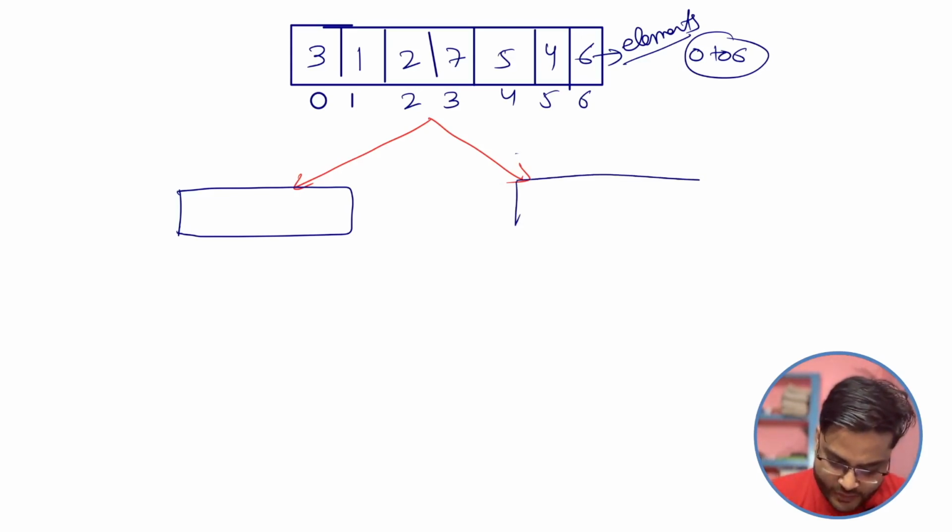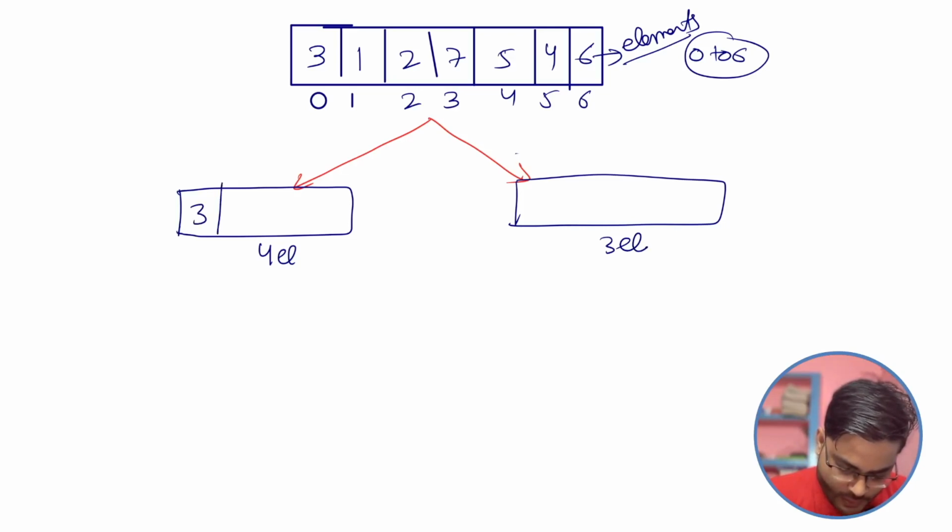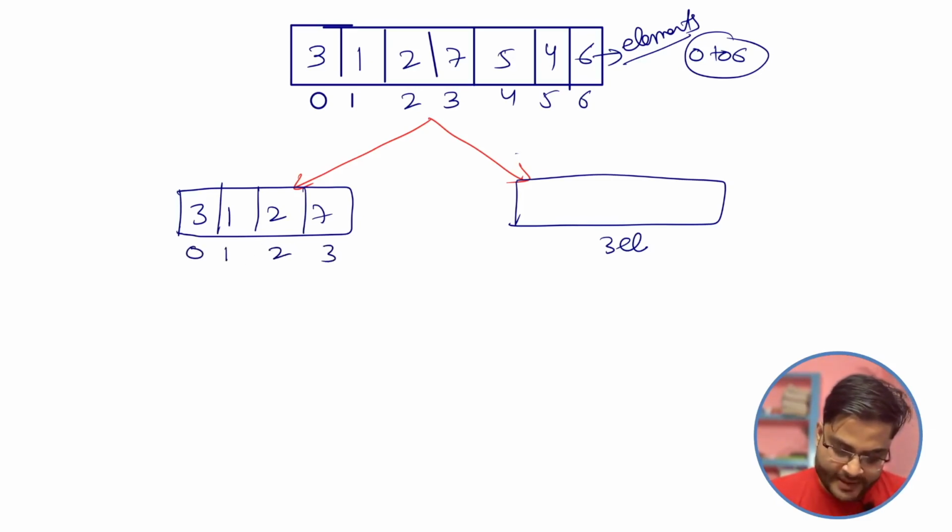So we divide it equally. We have 7 elements, so 4 elements here: 3, 1, 2, 7, and 3 elements here: 5, 4, 6, with indices 4, 5, 6.